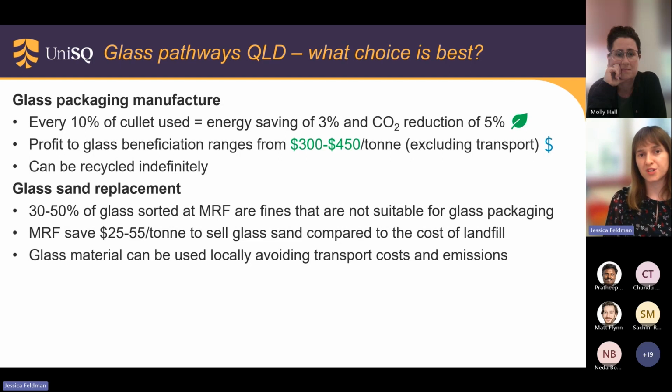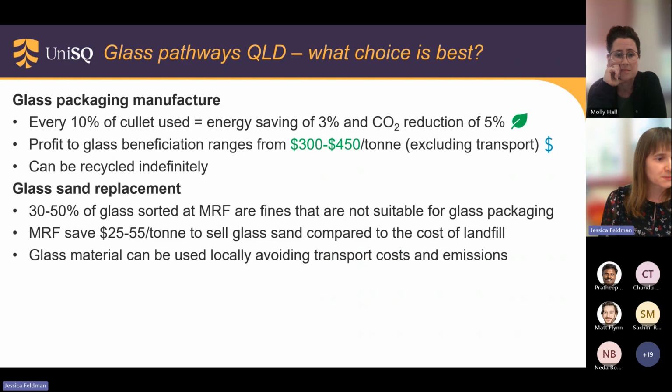And that's because the temperature that they use in their kilns to make the glass bottles is reduced when they use glass cullet. And the profit to glass beneficiation ranges from about $300 to $450 per tonne, excluding transport, of course. And another big positive is that it can be recycled indefinitely.